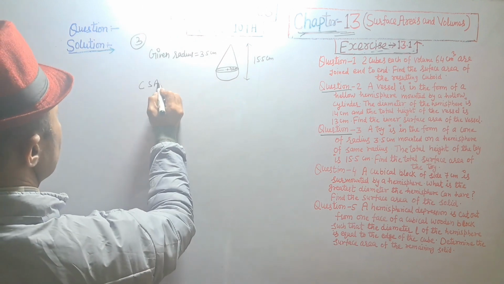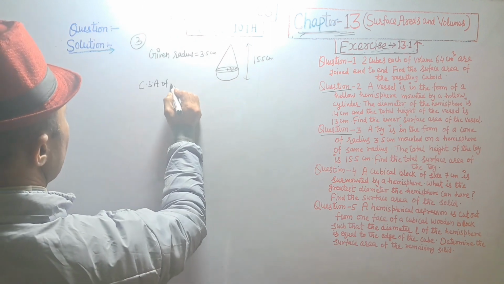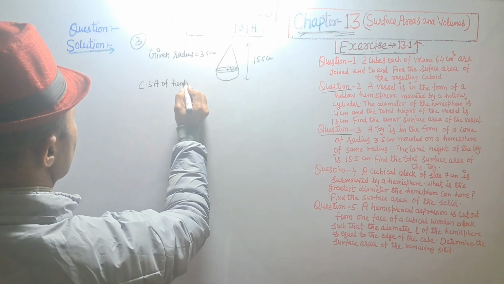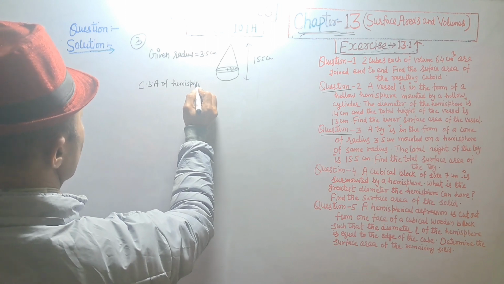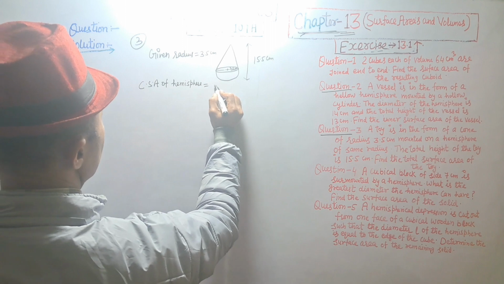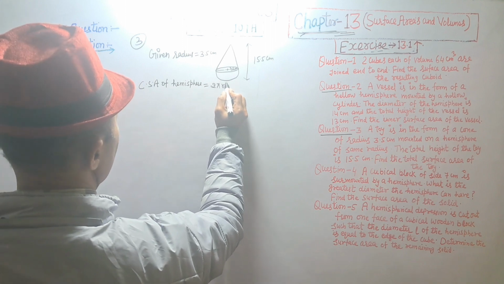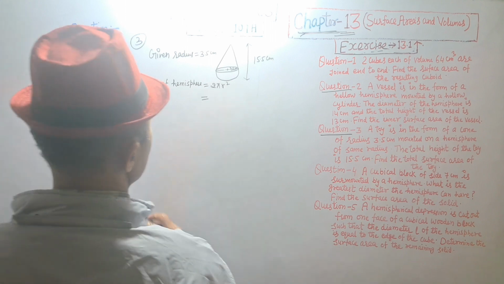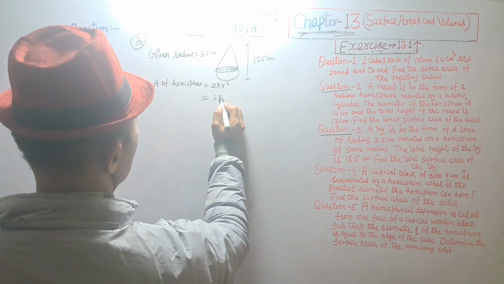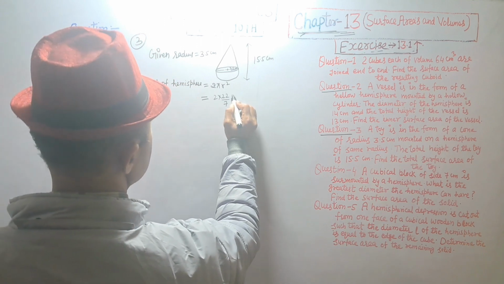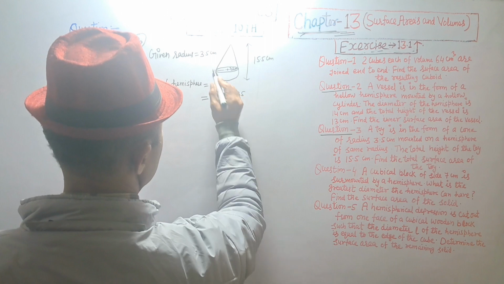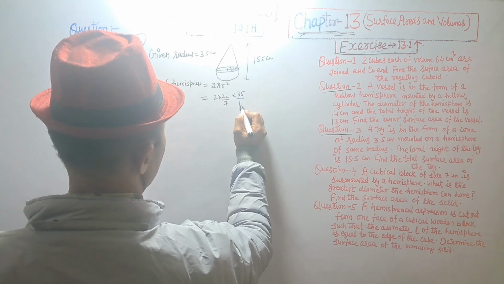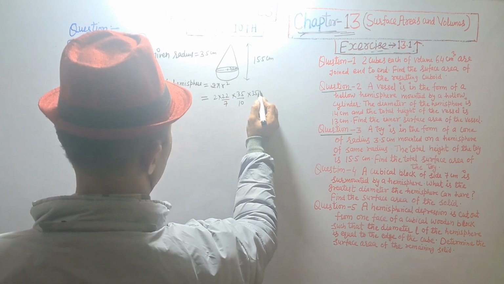Curved surface area of hemisphere is equal to 2 pi r square. That is equal to 2 into 22 upon 7 into 3.5, that is 35 upon 10.